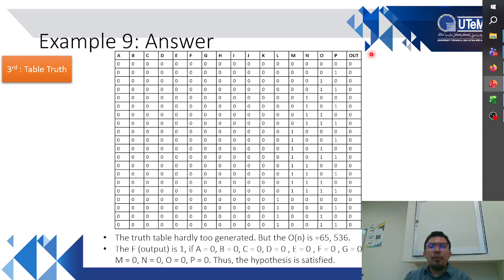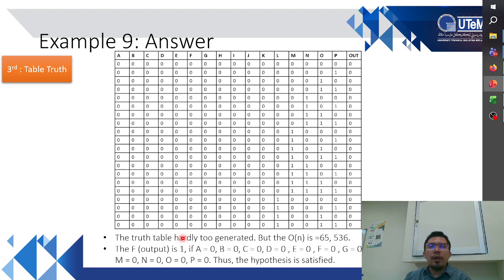And then we come up with the hypothesis. Of course it is too long, because it will make the combination 65,000 something, so we need to try and error whether the output is 1 or not.